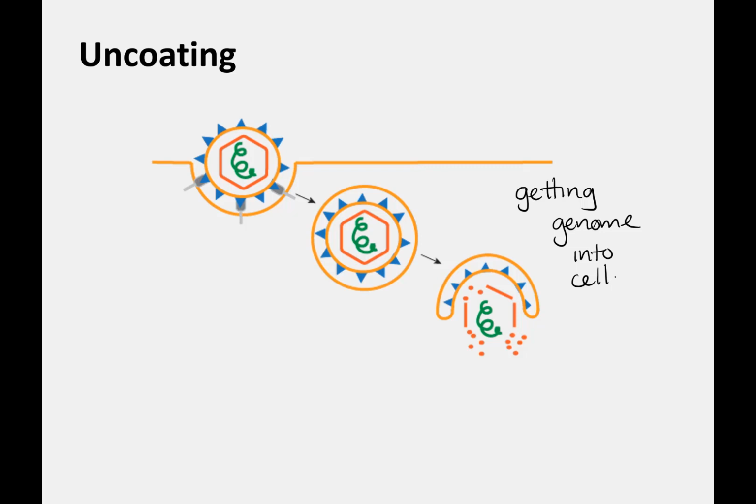Remember, all viruses have some kind of capsid protein structure that holds that genetic information in there. So now we want to get the genetic information into the cell so that it can be transcribed, translated, replicated, whatever it needs to be. Sometimes this happens with entry, sometimes this is an extra step.